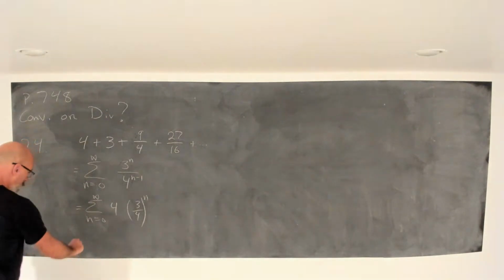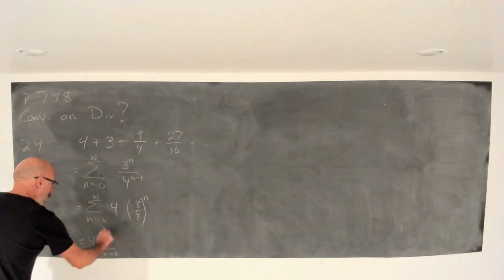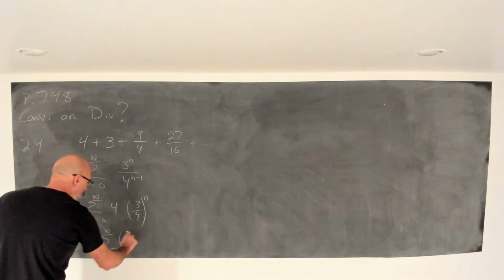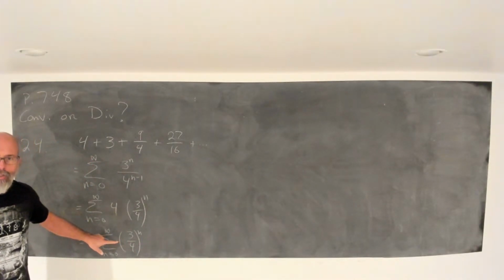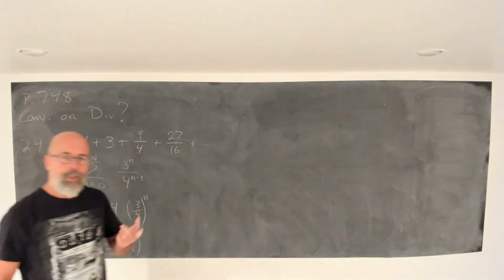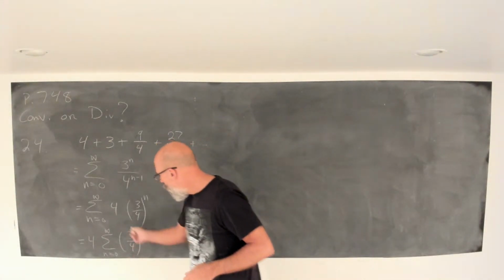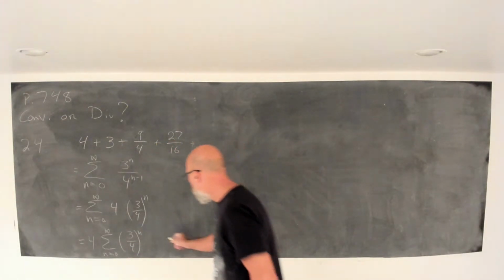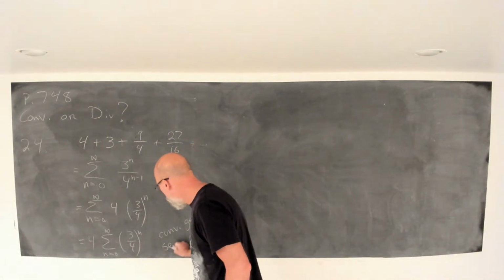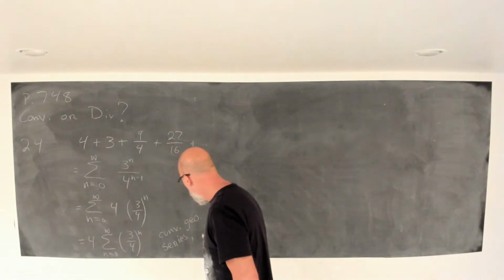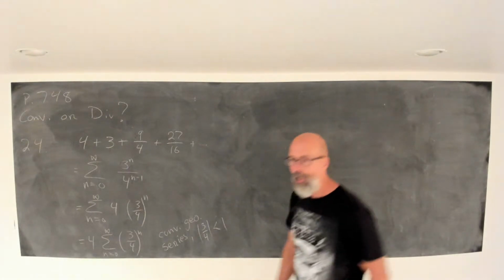And the convenience of doing that is that you now recognize this as a geometric series, a convergent geometric series, because 3/4 is less than 1. Convergent geometric series, where 3/4 in absolute value is less than 1.